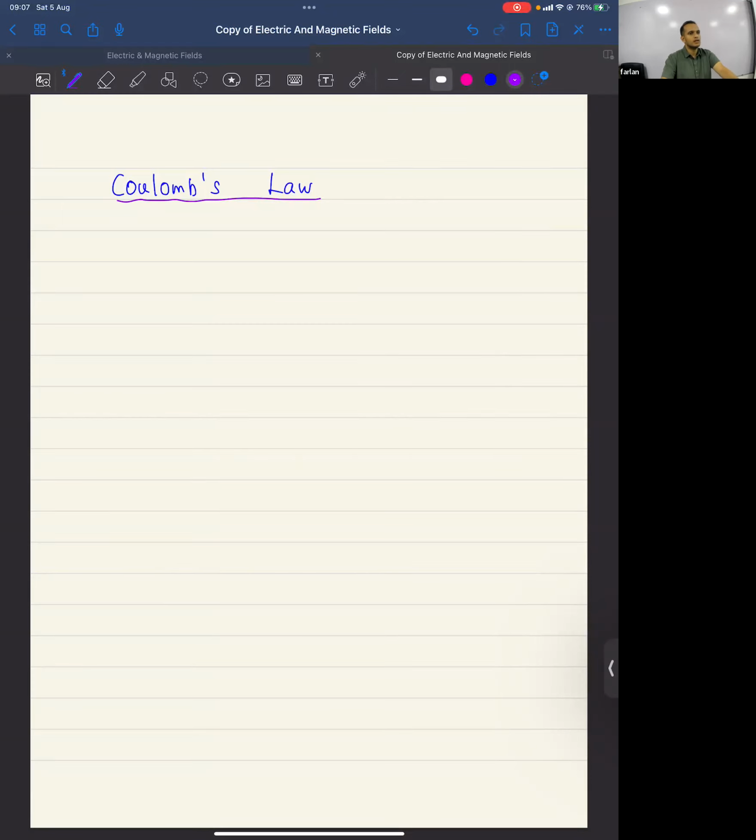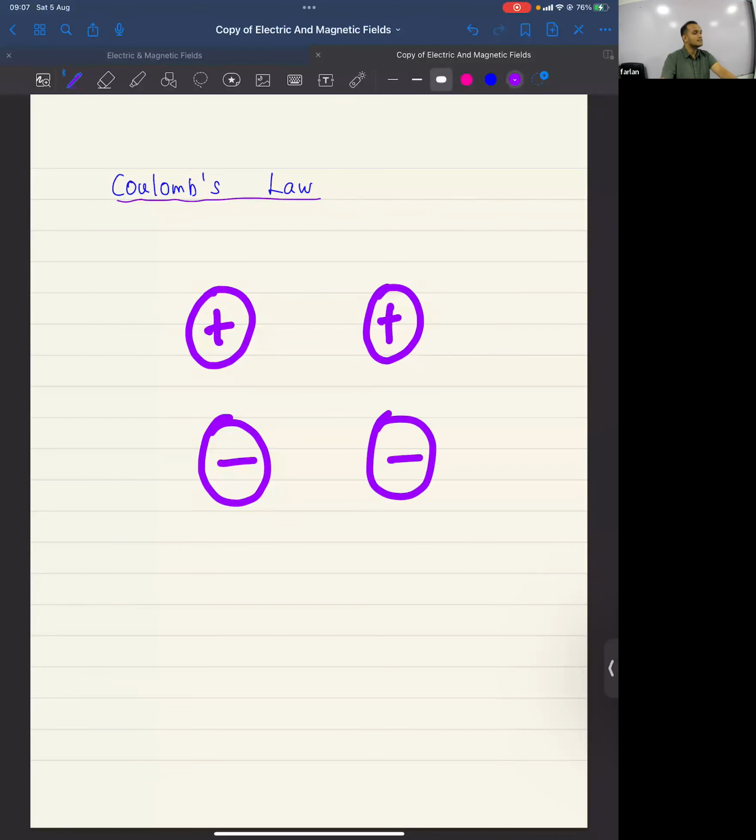You know from your small days, when you leave 2 positive charges next to each other, they will repel. There will be a repulsive force between them. If you leave 2 negative charges together, they will also repel.